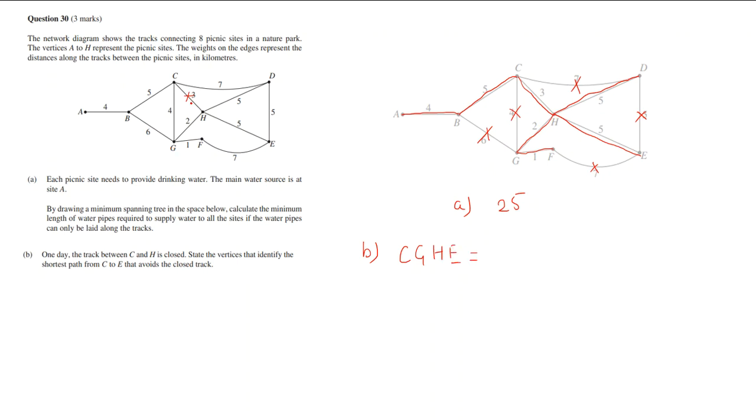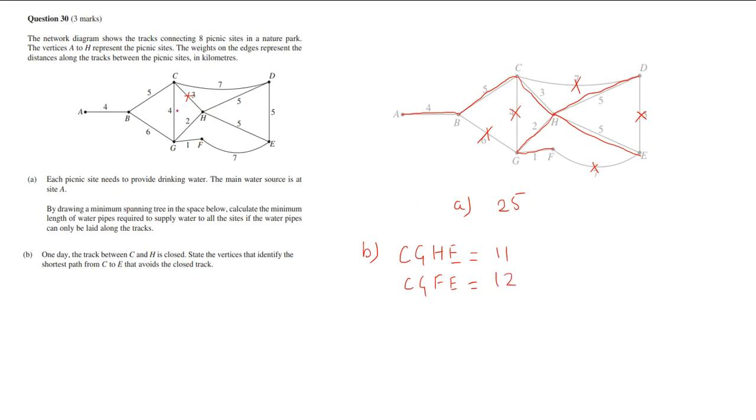And what's the total value? 4 plus 2, 6, plus 5, 11. What's the next path? C, G, F, and E. And this one is 4 plus 1, 5 plus 7, 12.